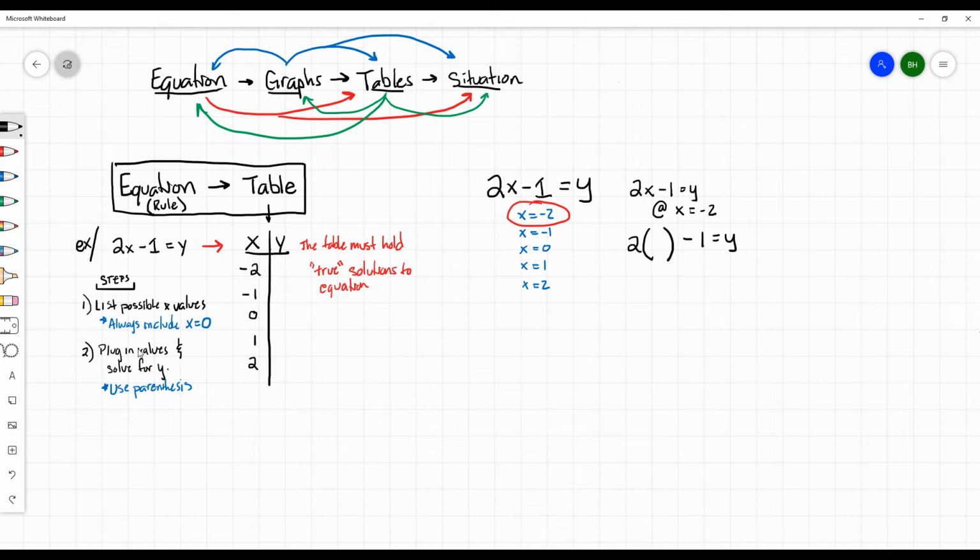When I'm looking at plugging in values, I want to make sure that this x equals -2 term plugs in this x value. And because it's replacing this x, I want to put a set of parentheses to remind myself where I inserted this specific value. So in this case, I'm just going to write -2 in the set of parentheses.